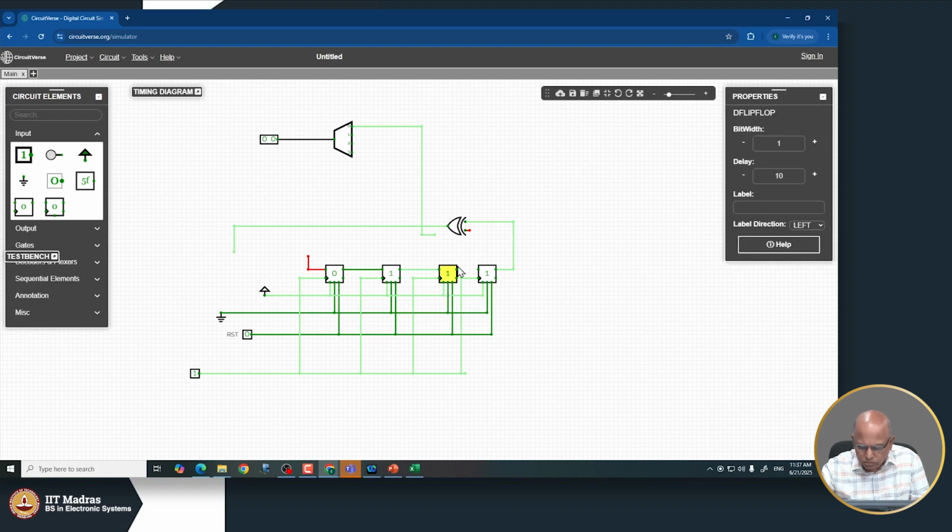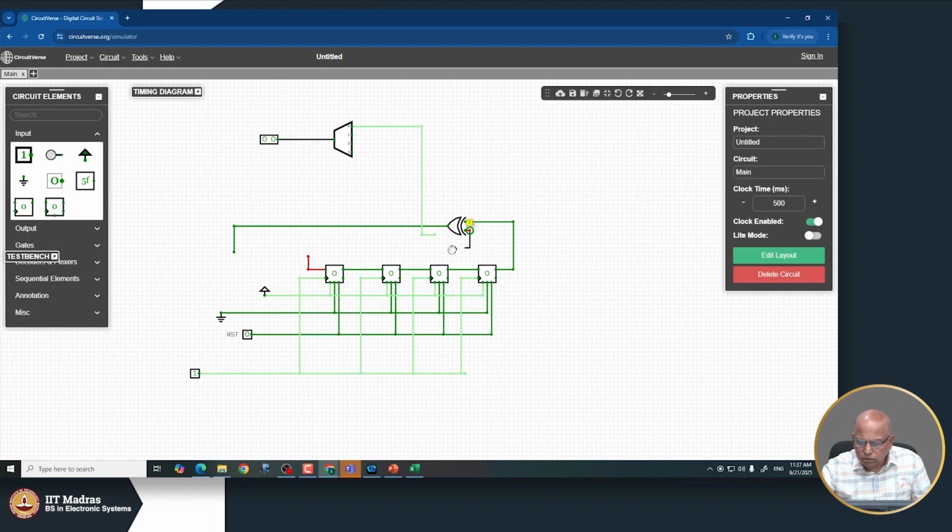and I'm still, oops, sorry, going to take the XOR of these guys. But what I'm going to feed to this guy is the XOR of this feedback line.